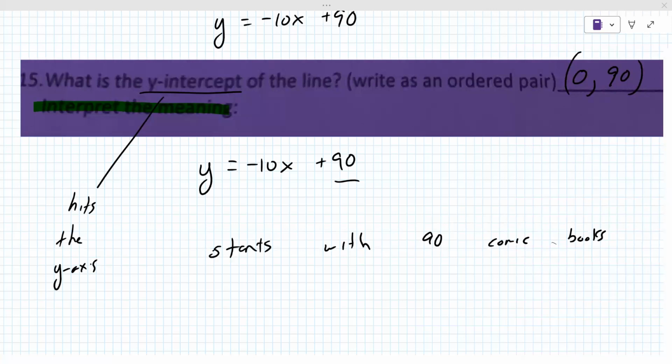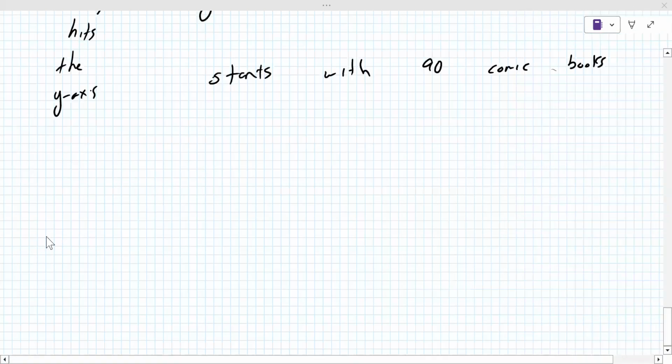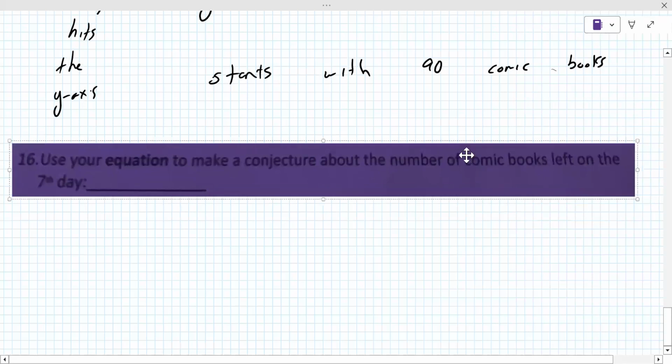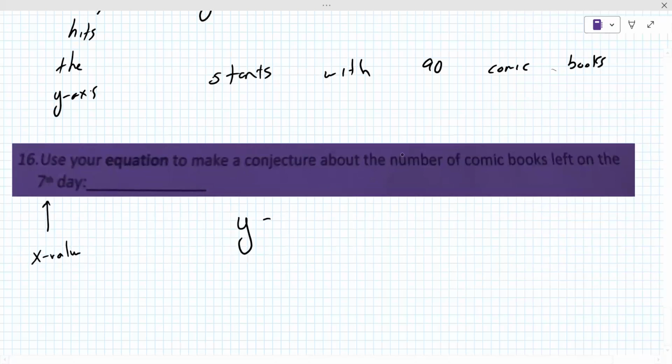Okay, let's look at 16. Use your equation to make a conjecture about the number of comic books left on the 7th day. The 7th day is the x value. And we have an equation y equals negative 10x plus 90.